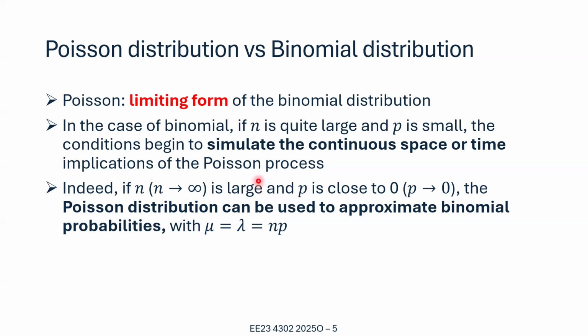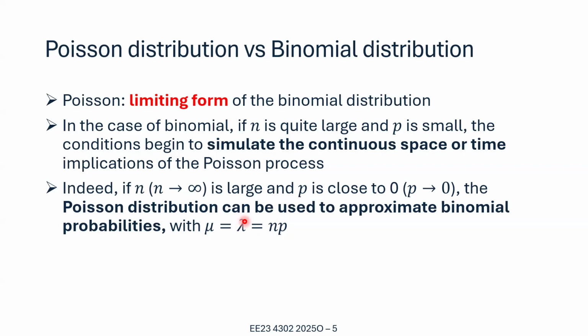And if n is quite large and p, on the other hand, is close to zero, then the Poisson distribution can be used to approximate binomial probabilities with mu equals lambda equals np. So the mean here could be the same.